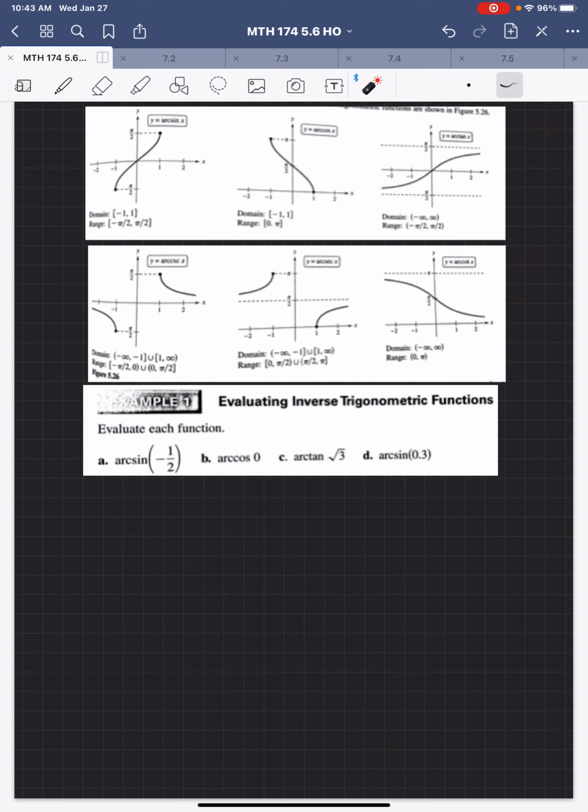We have the graph of arcsine, the graph of arccosine, arctan, etc. The reason why you see it written as arcsine of x is that arcsine of x is the same thing as the sine inverse notation that we learned before. I prefer arcsine, or you would translate that as the angle whose sine is x.